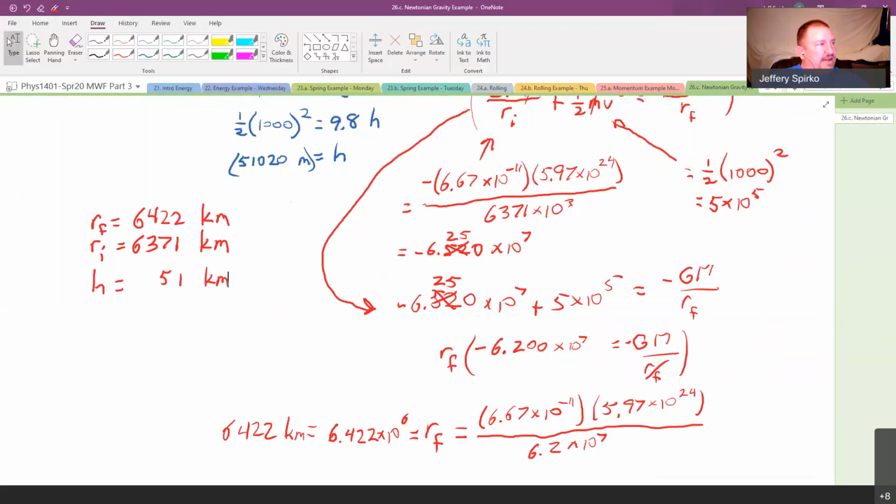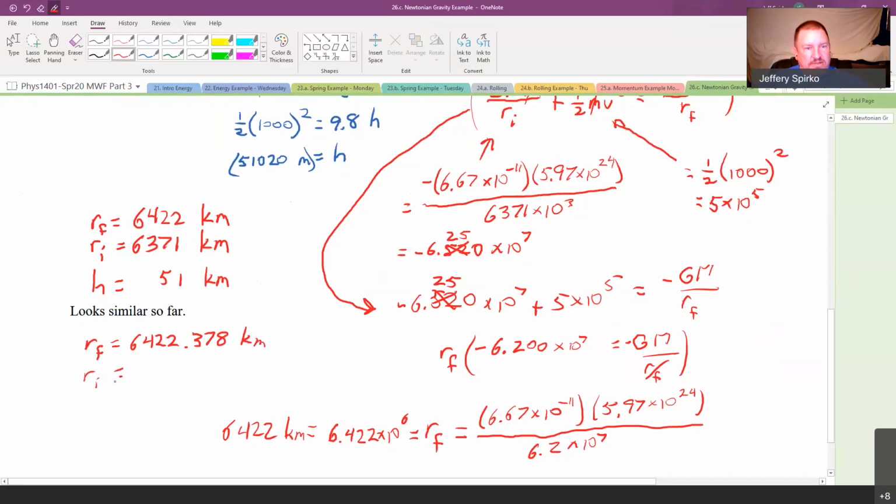I need more digits of accuracy in order to see the difference between these two methods. So let me get more accuracy out of our final. R final is 6422.378 kilometers.